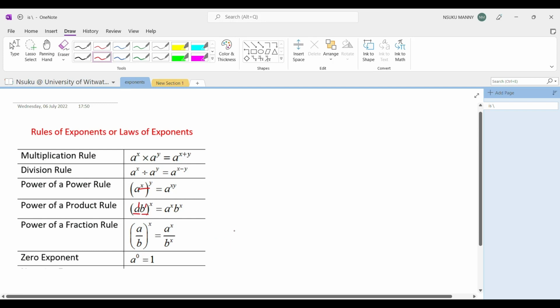So now if we have two values dividing each other inside a bracket and an exponent outside, let's say, for example, we have 3 over 4 to the power of 2. What this means is that it will be 3 to the power of 2 over 4 to the power of 2.